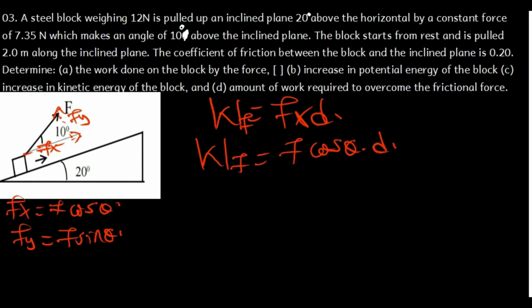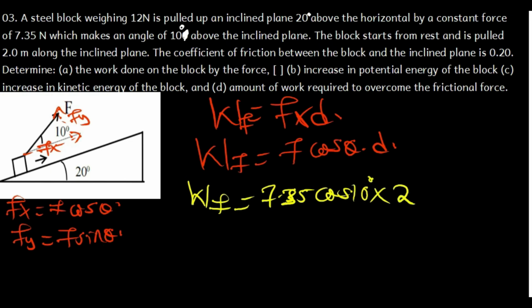Let's plug in the values. The work done by the force is going to be the force itself, 7.35, cos 10 degrees, times the distance, which is 2. So 7.35 cos 10 times 2.